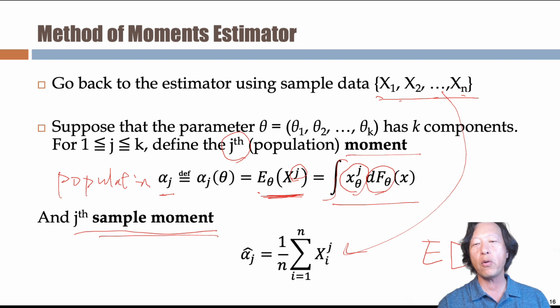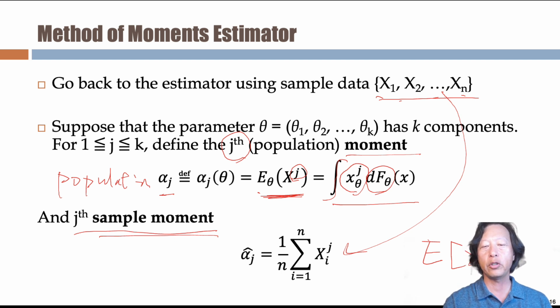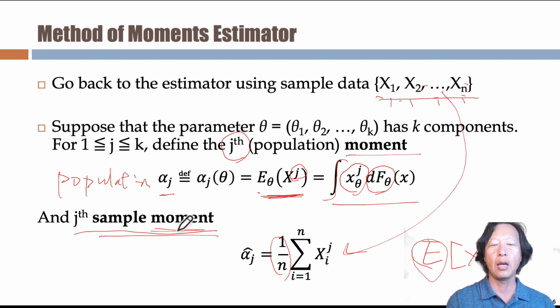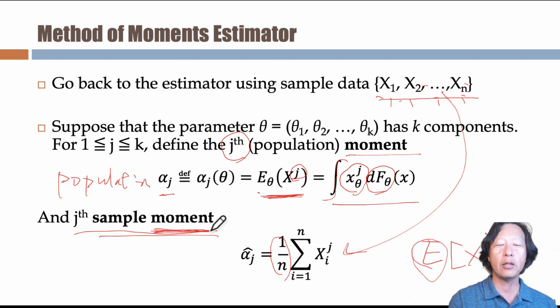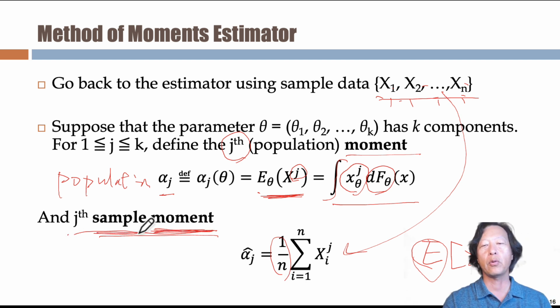So I take each number to the power j, and then calculate the expectation. I just add up and divide by n. That's the expectation. So I can calculate the jth moment using the sample. I have discrete numbers, so you can simply calculate the expected value of x to the power j.